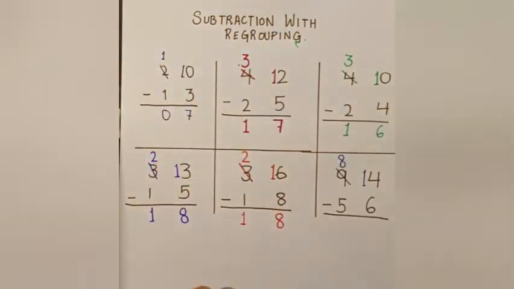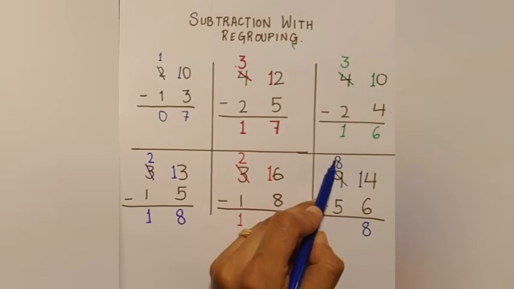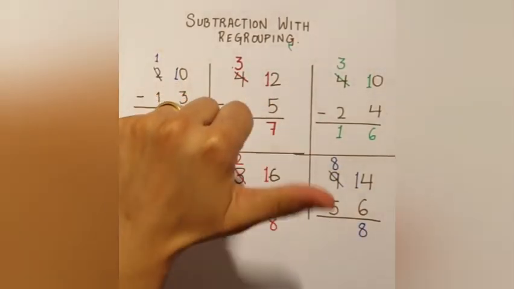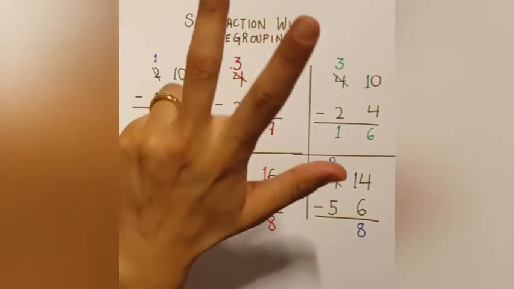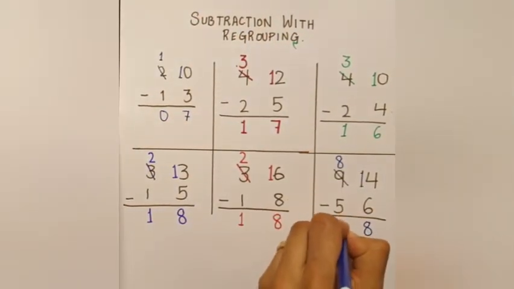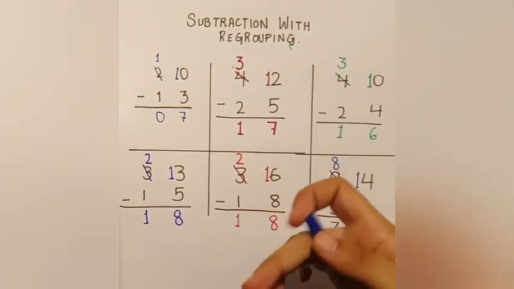So that's 8 fingers. So right here, I'm going to write 8. And then last one, 8 minus 5, 6, 7, 8. That is 3. So the answer here is 38.